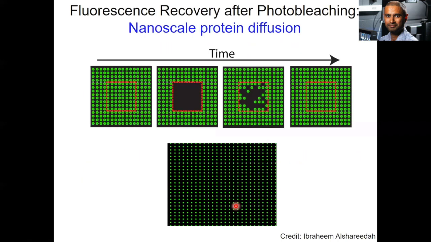One of the most commonly used techniques in the field to study diffusion in a condensed phase is fluorescence recovery after photobleaching. So what you do here in this cartoon, suppose these are all single protein molecules, you bleach them with an intense laser.